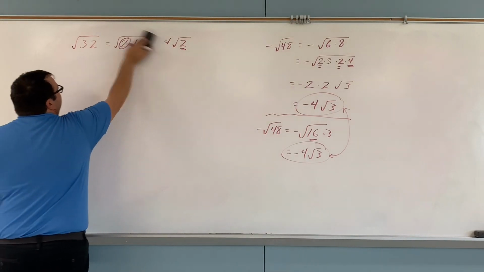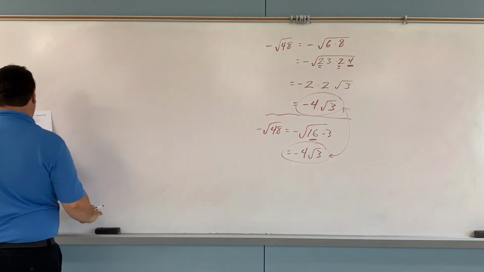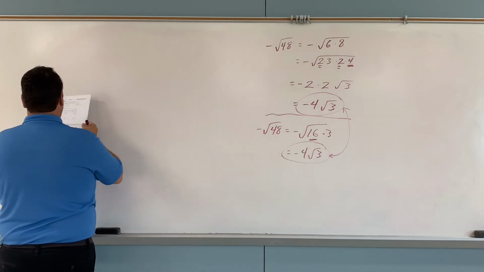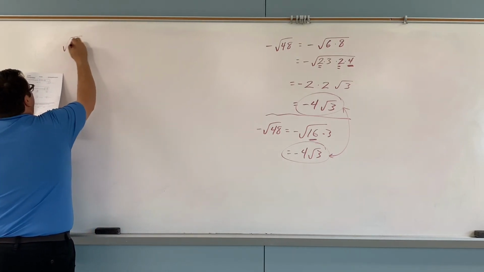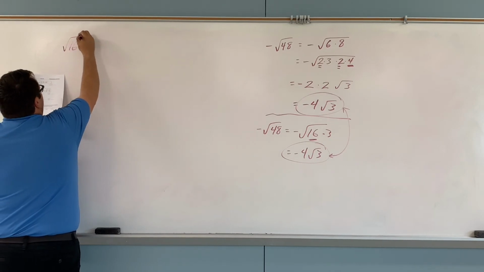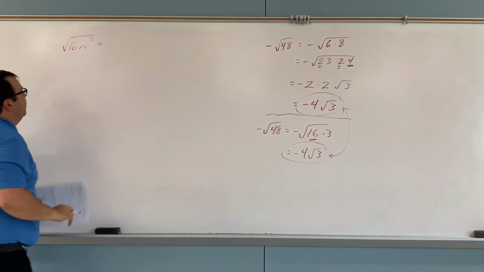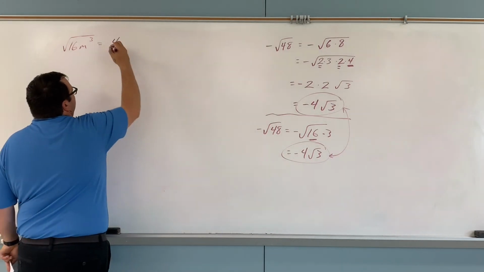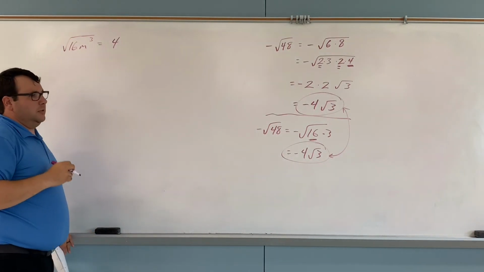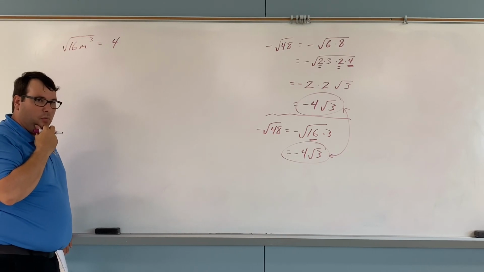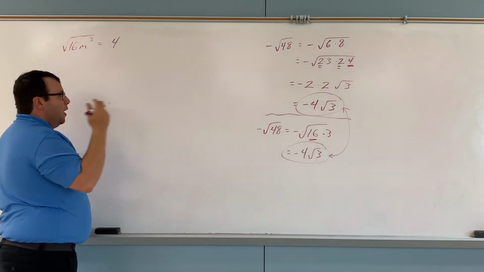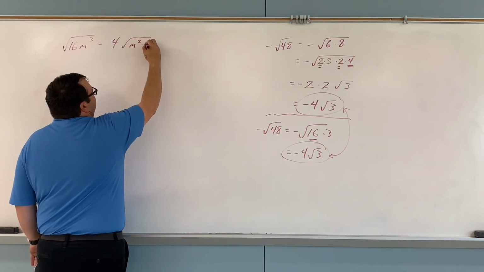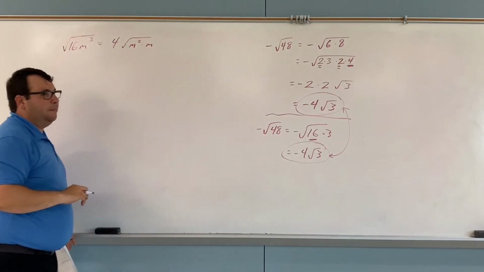All right, let's try just a couple more. That was number 6. Here we are. So square root of 16m cubed. Ooh, 16, perfect square. Pull it out. M cubed. Yikes. What do we do with m cubed? Well, m cubed is technically m squared times m, isn't it?